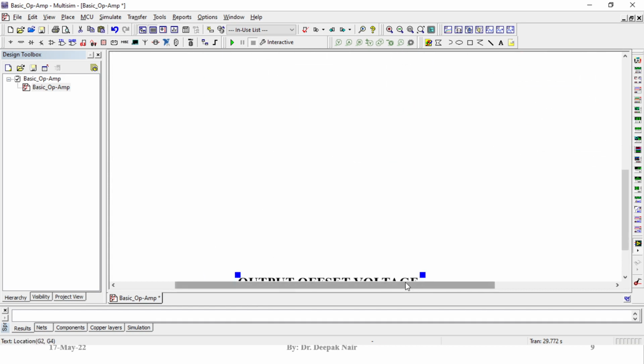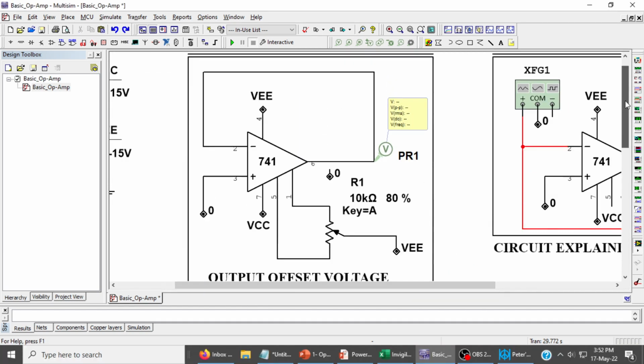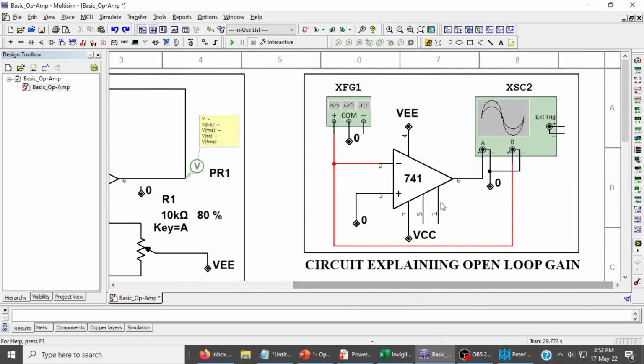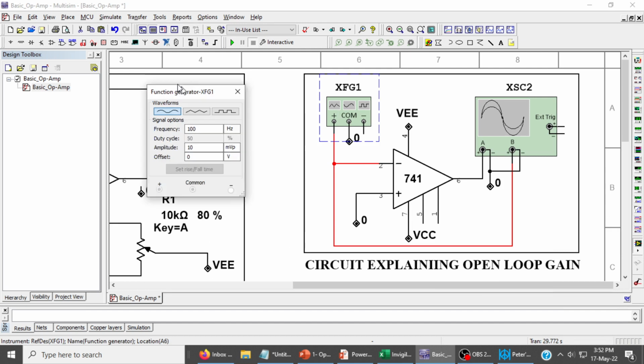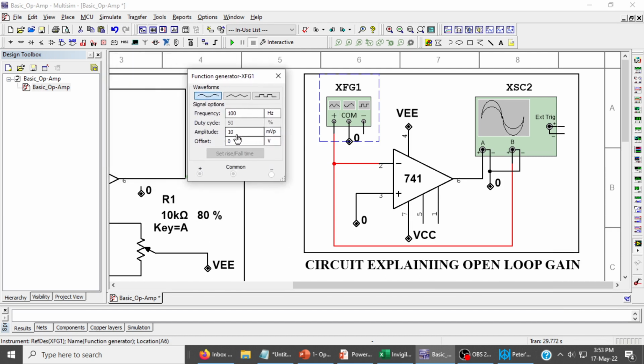Now coming to the open loop gain. Open loop means there is no feedback. You can see here that pin number 2 and pin number 6 are not connected by any means. Similarly, pin number 3 and pin number 6 are not connected by any means. I am providing a very small voltage of 10 millivolt peak to the inverting terminal of the op-amp.